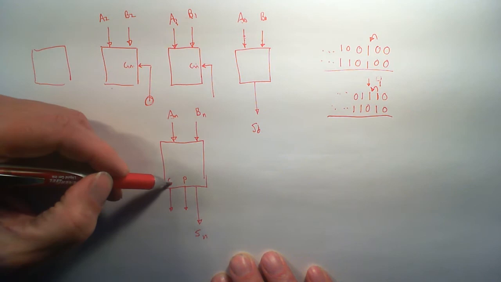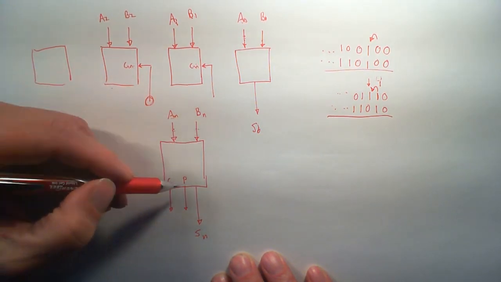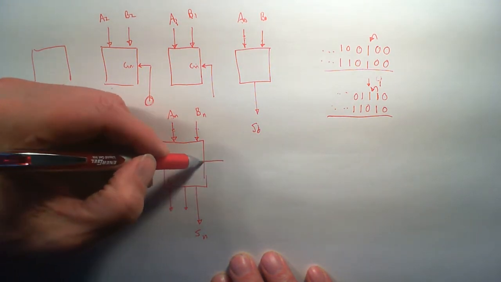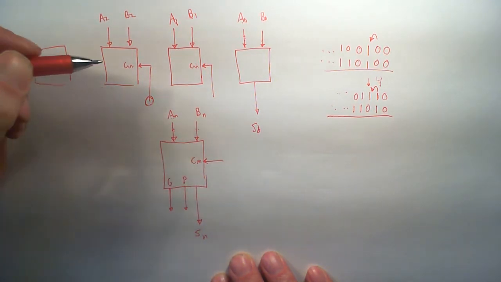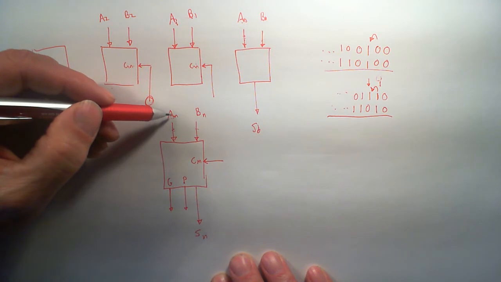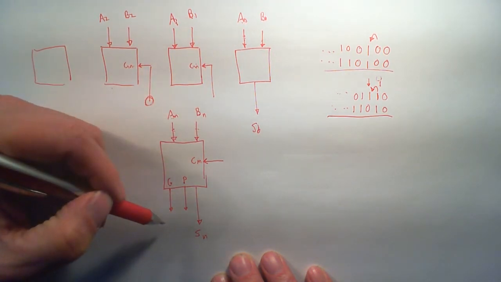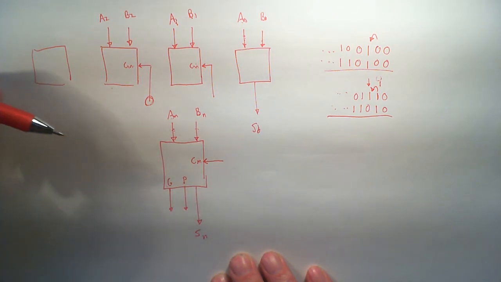And so the generate signal is going to be the AND of these two bits. And the propagate signal is going to simply propagate a carry from an earlier stage. So I'll show a carry in here. If these two bits are 0, 1 or 1, 0, I'm not going to generate a carry, but I'm going to propagate carry information from an earlier stage.